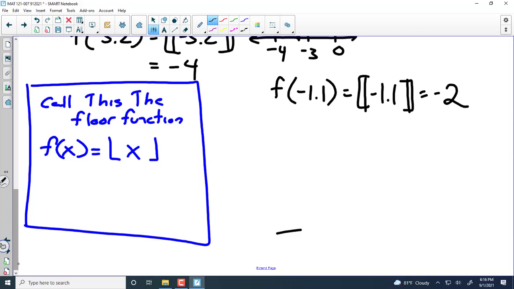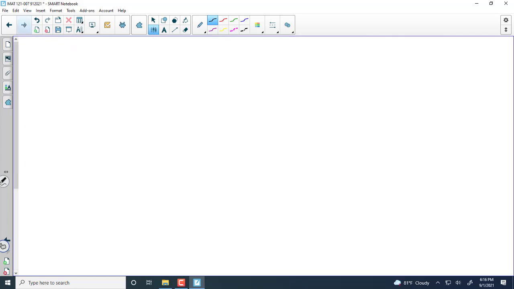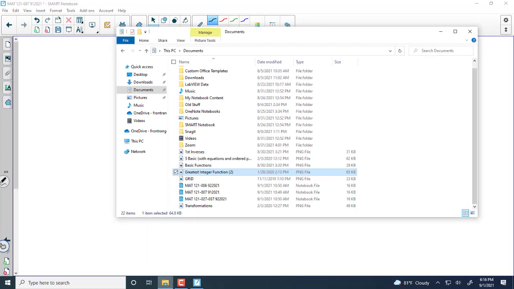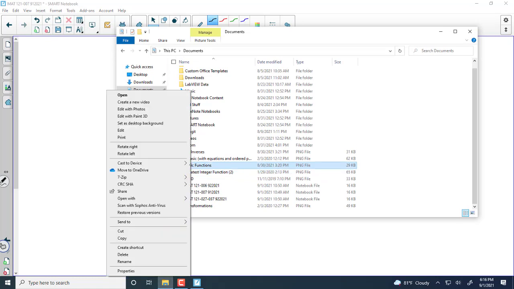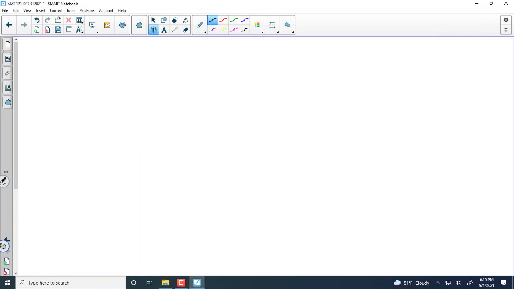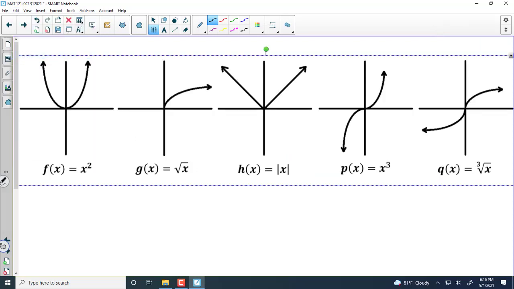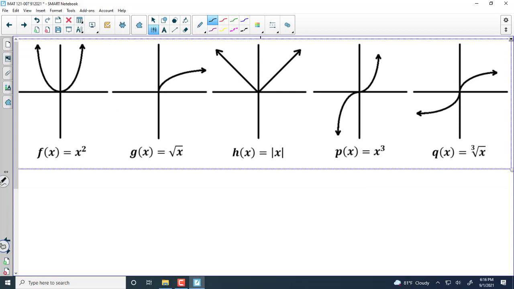Okay. So let's talk about our basic functions again. Let me just summon them up here. All right. Here are our 5 basic functions. Now, what we're going to do is work with these 5 basic functions in section 2.7, and we're going to do some things with them.